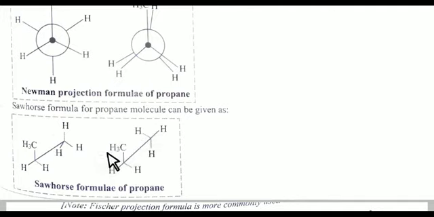These three bonds are attached to the front carbon, and these three bonds are attached to the rear carbon. So this is the first question for the preparation of the Newman projection formula and Sawhorse formula for the propane molecule. The structural formula of propane is CH3, CH2, CH3.